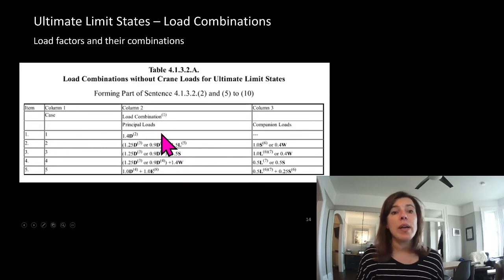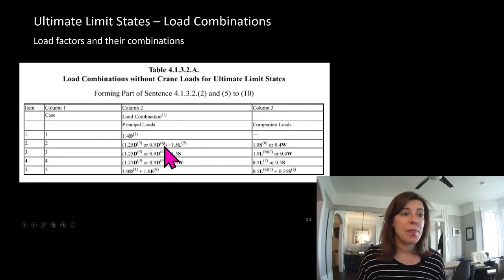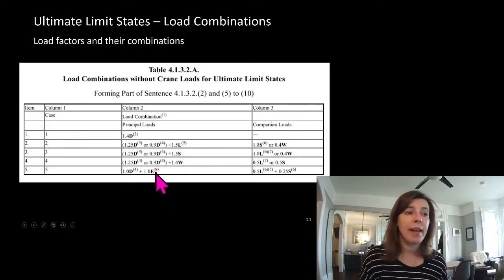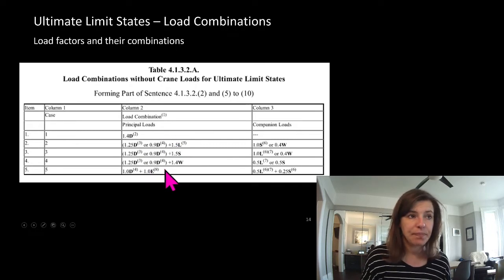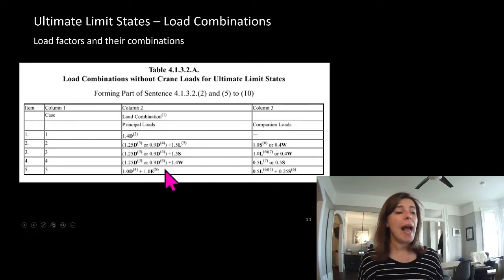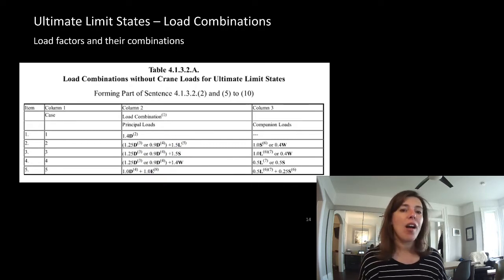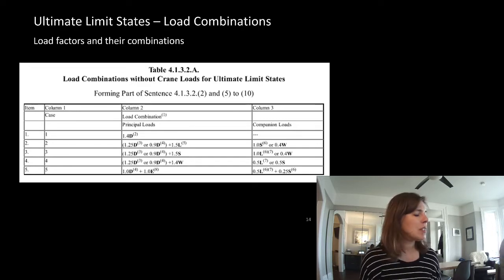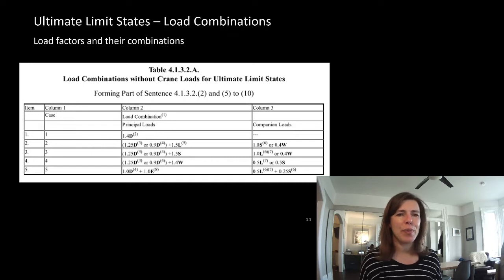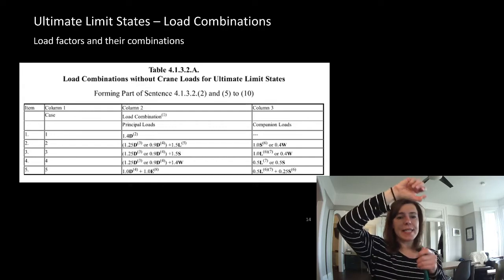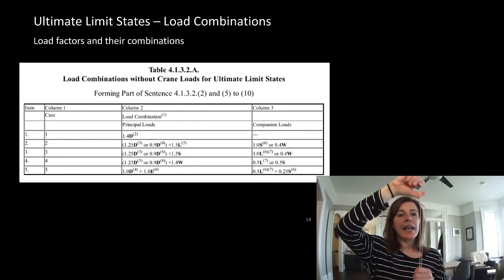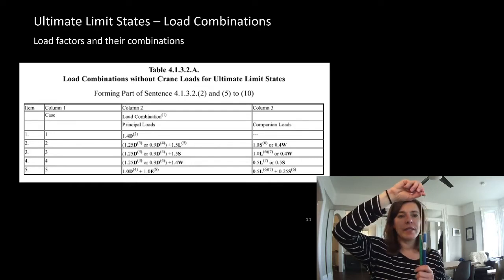Now, this always throws people off. See this 0.9 dead load here? What happens if our dead load actually helps us out? So you're thinking, how could our dead load help us out for assuming our worst case loading? What if we had this elastic band and we were worried about it squishing like this?